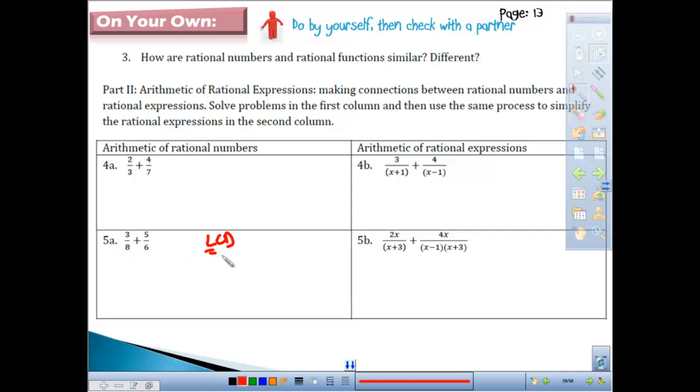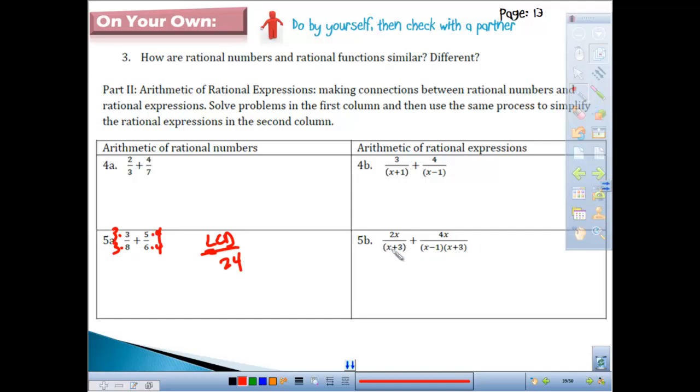Both of them go into 24. So instead of multiplying by 6, we can multiply by 3, and over here, instead of multiplying by 8, we could multiply by 4. I'm not going to finish this one because I feel like you know how to do that.